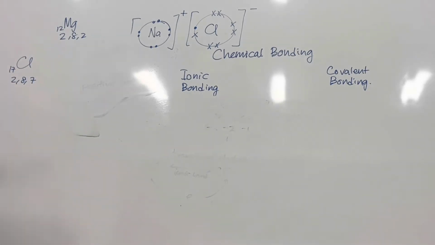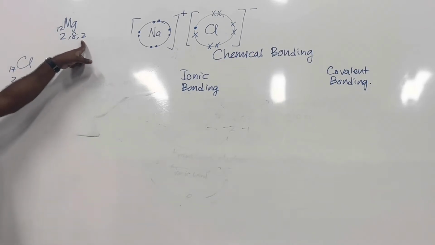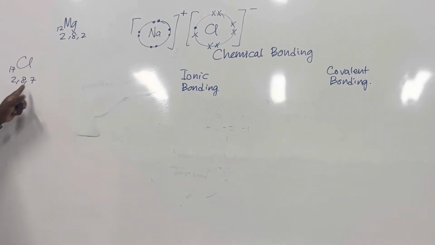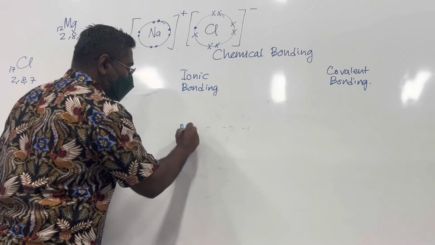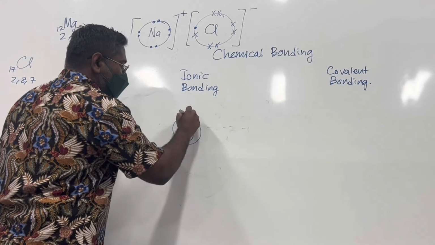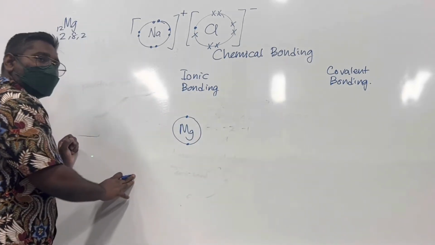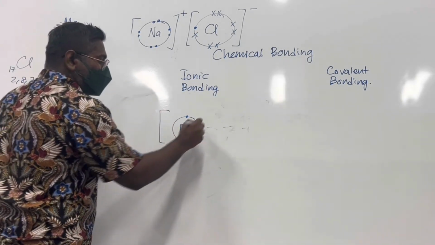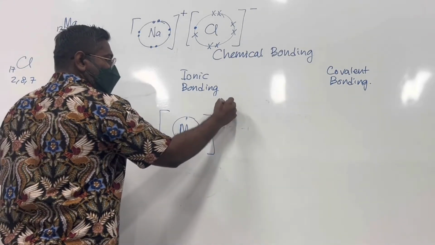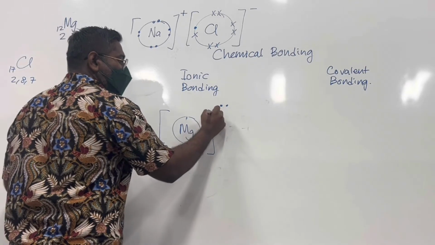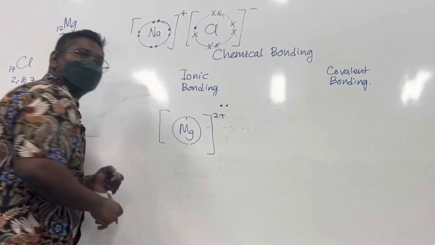It means that Mg will form Mg2+, and Cl will form negative 1. So if I have Mg, I generally have 2 electrons. When these 2 electrons go out, I put the 2 electrons outside, and then this is going to be 2+.